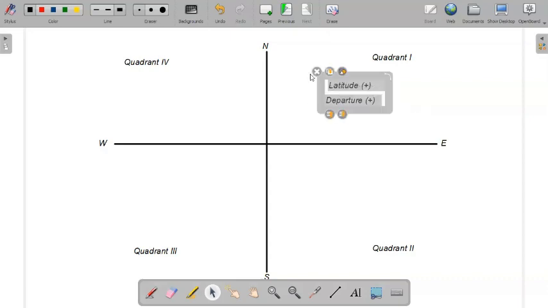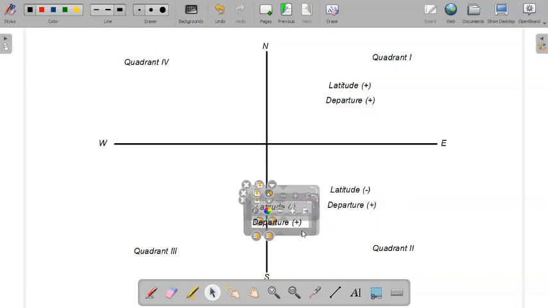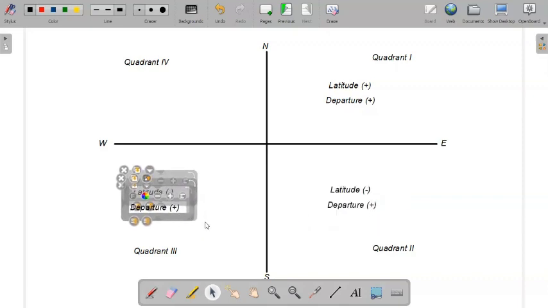Now, in the second quadrant, your latitude is negative because you are on the southern part, but your departure is positive. On the third quadrant, your latitude is negative and your departure is negative too.